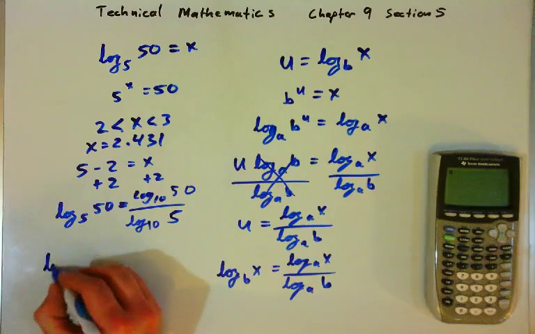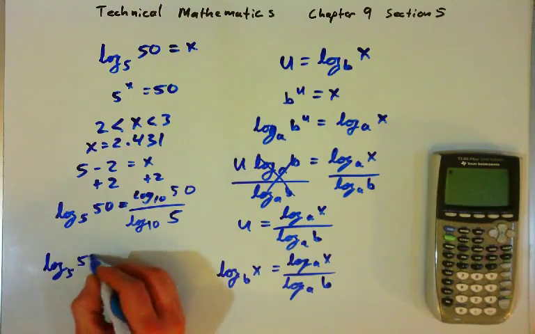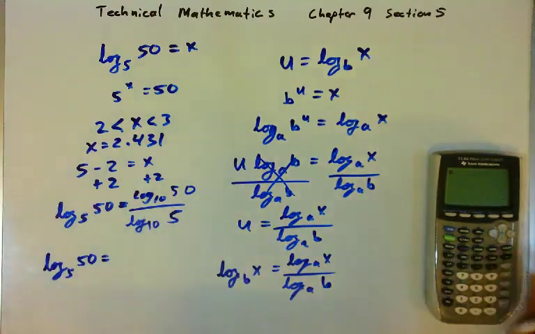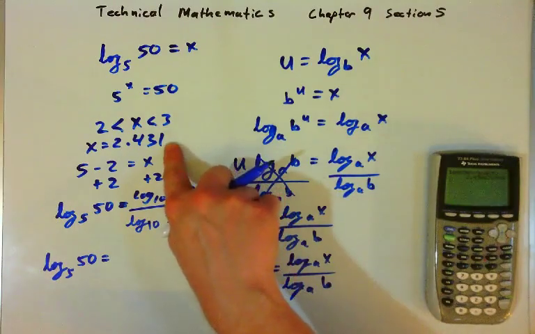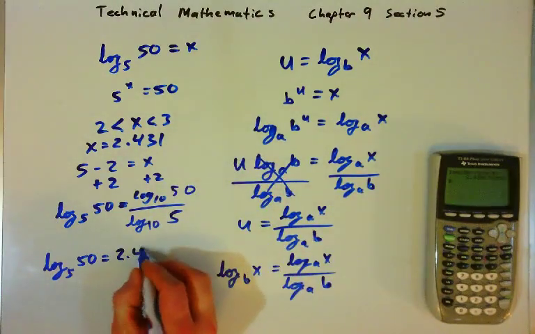So log base 5 of 50 will be equal to, and I'll type this into my calculator, the common logarithm of 50, close parentheses, divided by the common logarithm of 5, close parentheses. And what do I get? 2.431. Same answer we had before.